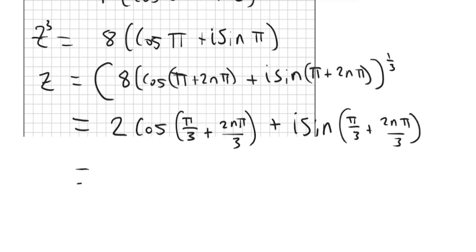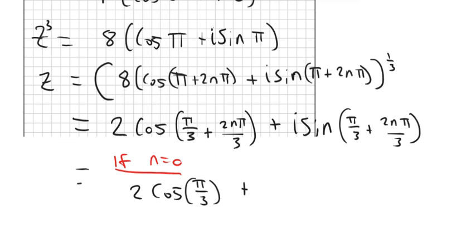Right, so if n equals 0, then if you just put a 0 in for n, you're just going to get 2 cos of pi over 3, and that's it really, isn't it? Because everything else cancels out in the bracket, plus I sine pi over 3 as well.